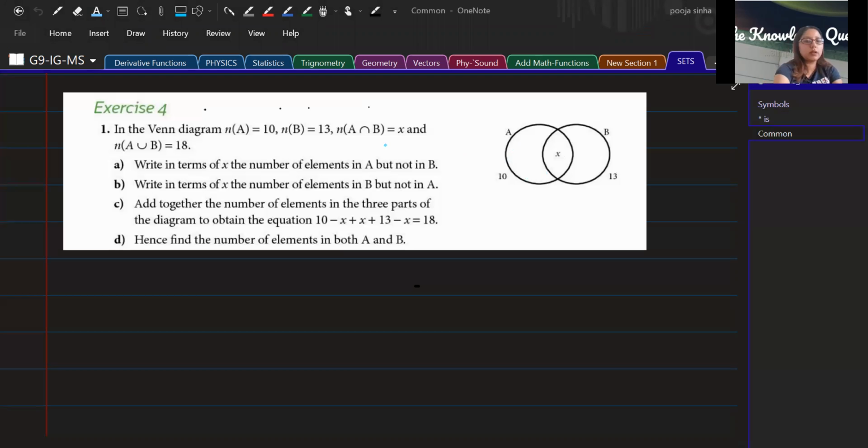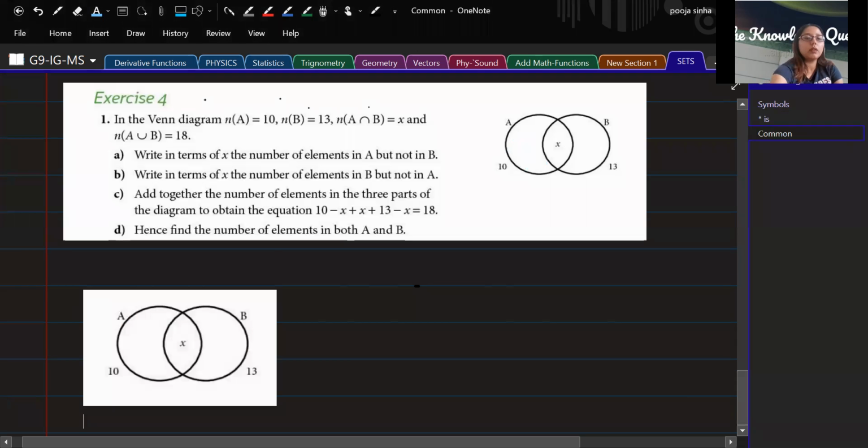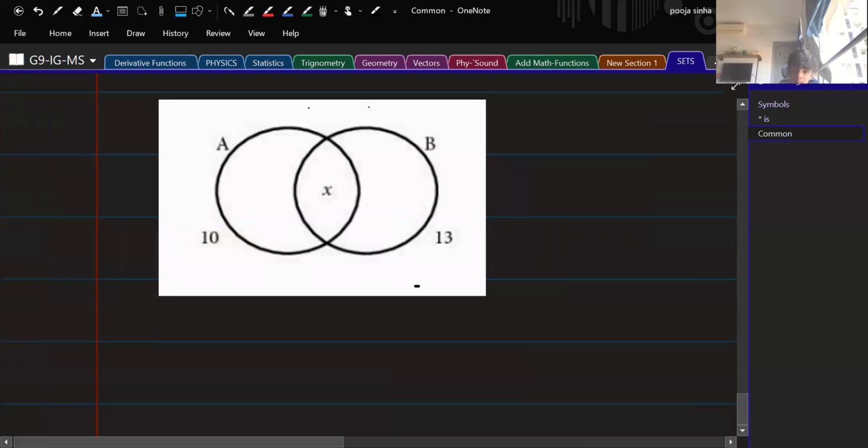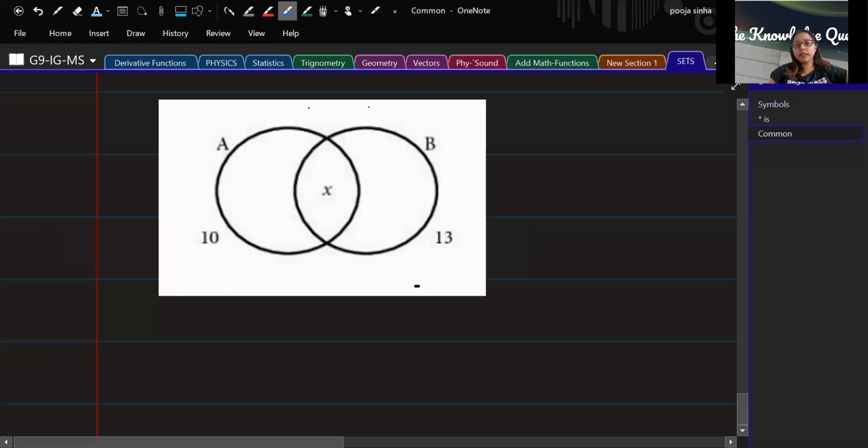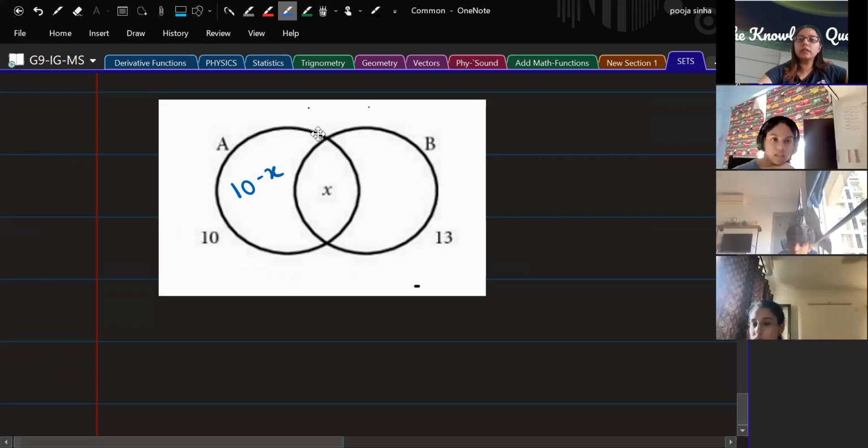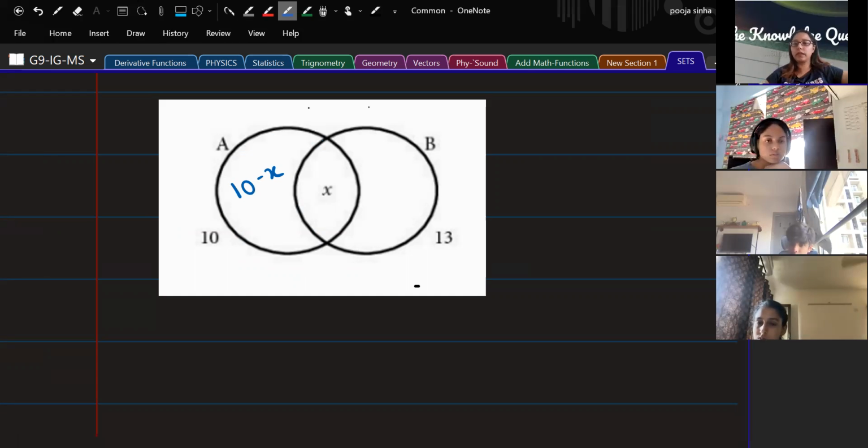Full A is 10, out of which some x elements are in A and also in B. So only this part, can I write 10 minus x? Only this part. Can I say it's 10 minus x? Yeah, I can say that, right?